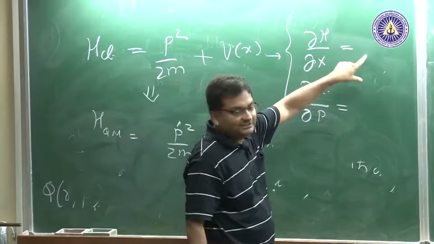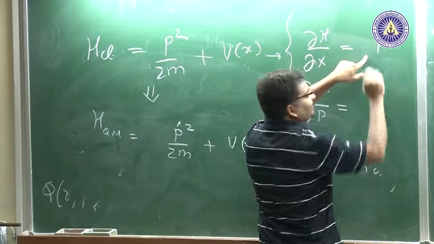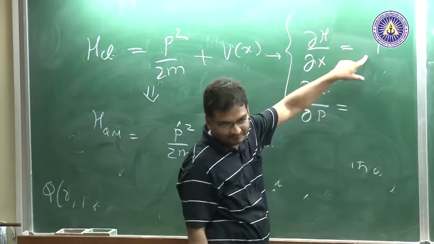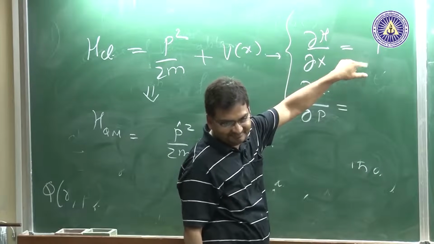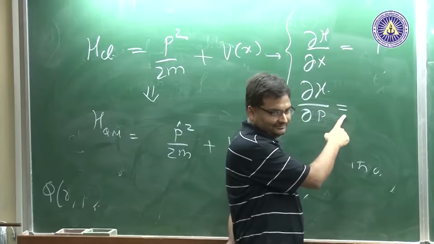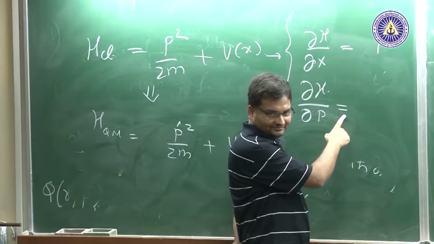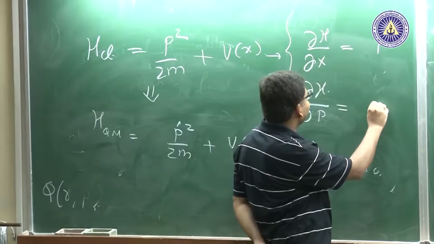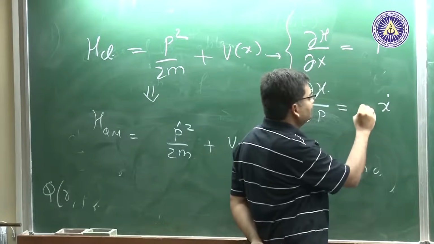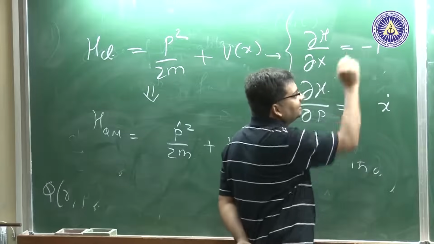So ∂H/∂x is p dot, plus or minus? Then this guy has to be minus. Sure, I will put the minus sign here.